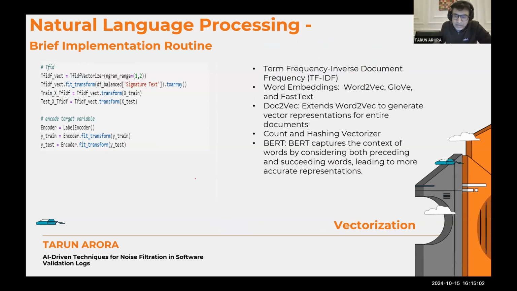If I feed my logs directly into a machine learning model, it will not understand anything because they are in natural language. This natural language could be English or any other language, but let's assume that we have our data in English, which is not understood by the machine learning model, because a machine learning model understands mathematical things. So the vectorization technique is helpful to convert your natural language into numbers.